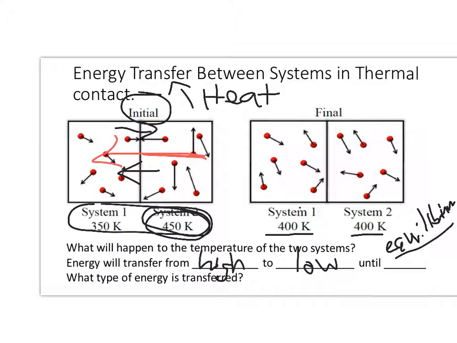What type of energy is transferred? This is heat, right? Or we could also say it's kinetic energy, right? Because what's going to happen is the kinetic energy on this side will go down, and the kinetic energy on this side will go up.